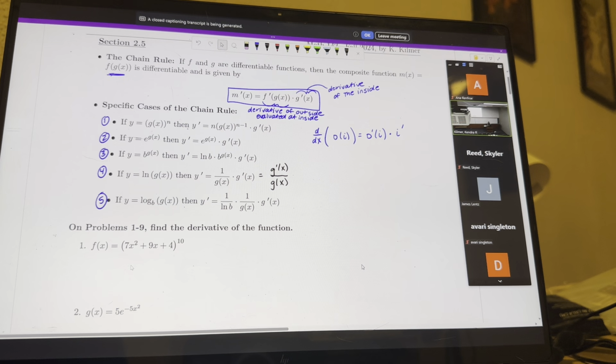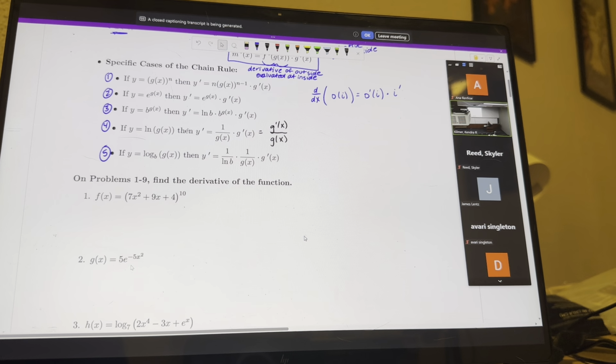Okay, so I'm going to do that on the first couple of problems, but then I won't write as many details later on. Okay, so let's go ahead and take a look at this first problem. The biggest thing is being able to identify that we need to use the chain rule, right?